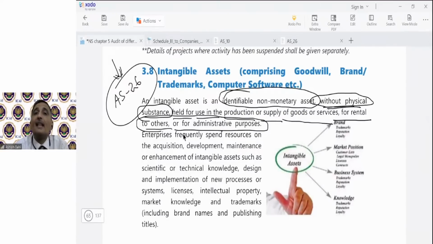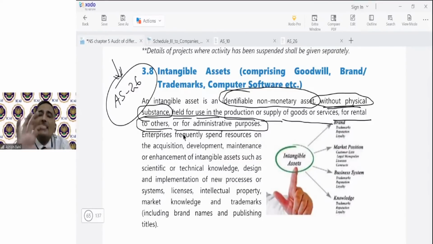Number two is that these should not be tangible, these do not have any physicality. They do not have any physical substance. And number three is, the third part of the PPE definition is the same, that these are held for use in production or supply of goods or services, or for use of administrative purposes, or for rental to others.